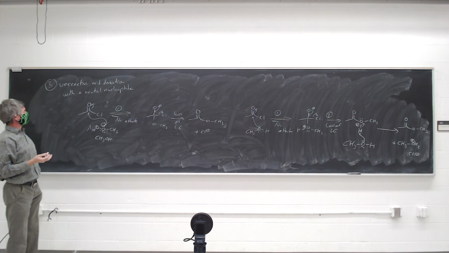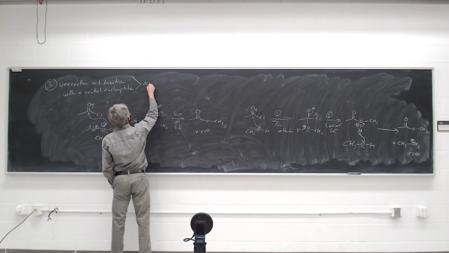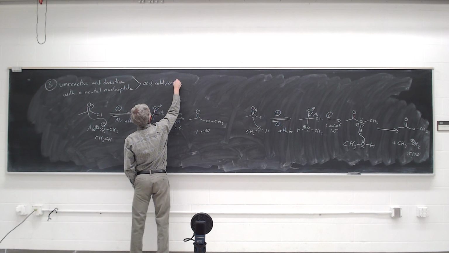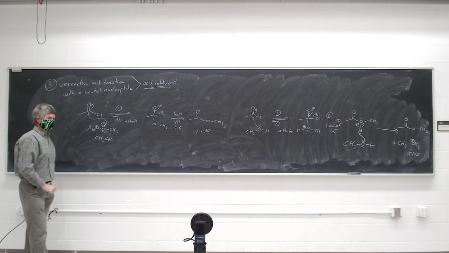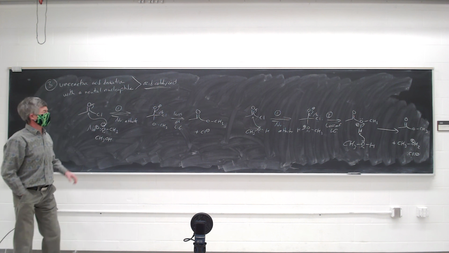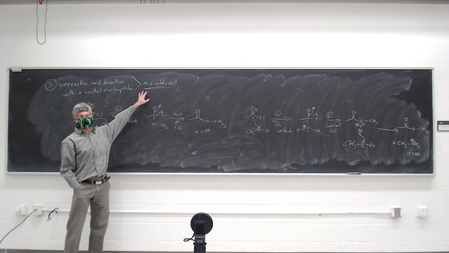Those reactions will not go spontaneously. Those are the ones that have to be acid catalyzed. So we're going to take a break, and then we're going to come back and we'll talk about the mechanism for unreactive acid derivatives and neutral nucleophiles under acid catalysis.